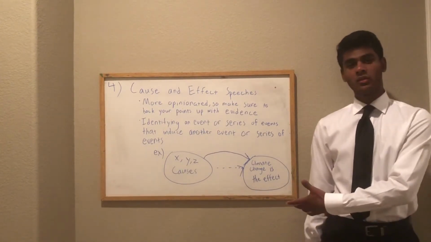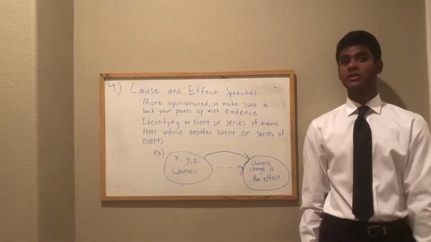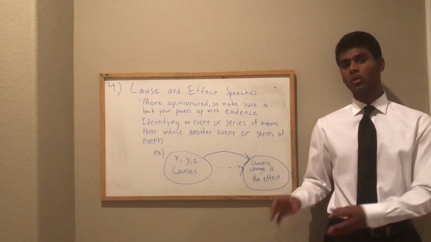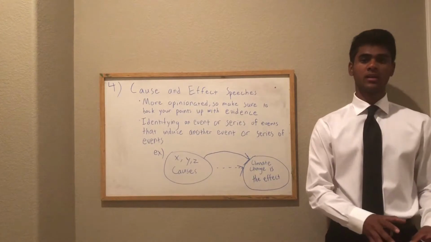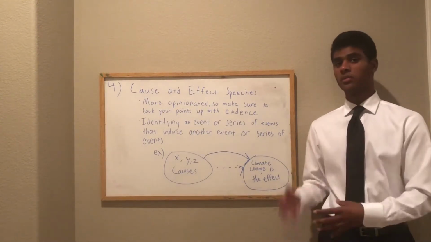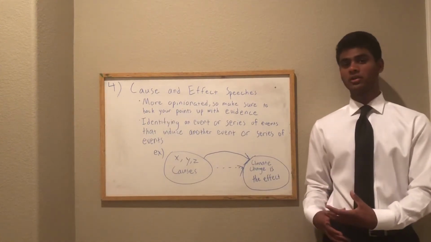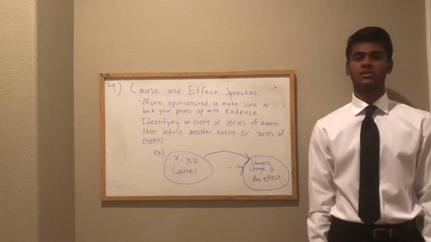And the effect would be climate change. That's the point I'm really trying to stress, that there are multiple causes that can go into one effect, or there's maybe just one cause that could induce multiple effects. You really want to make that clear in your speech, and if that's the case, you want to back it up with lots of evidence.